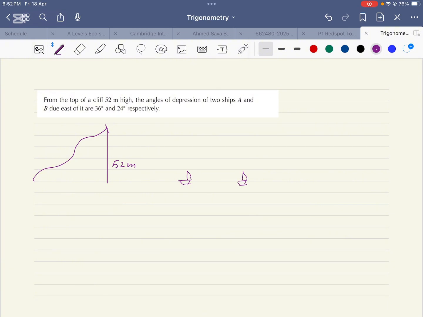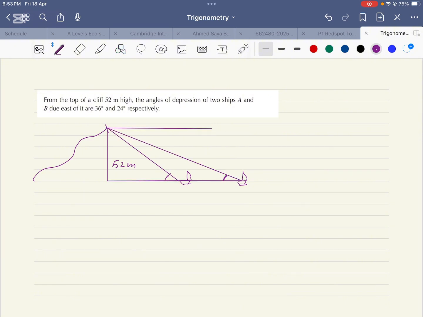Now let's do something very logical. This is horizontal distance and this is an angle. Then there is continued horizontal distance and this is another angle. We know that this angle is going to be smaller, this angle is going to be larger, right? So angle of depression is with the eye level, this is the eye level, but of course we are going to use the concept of alternate angles.